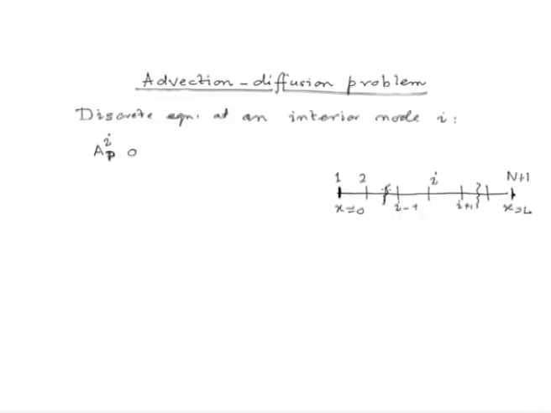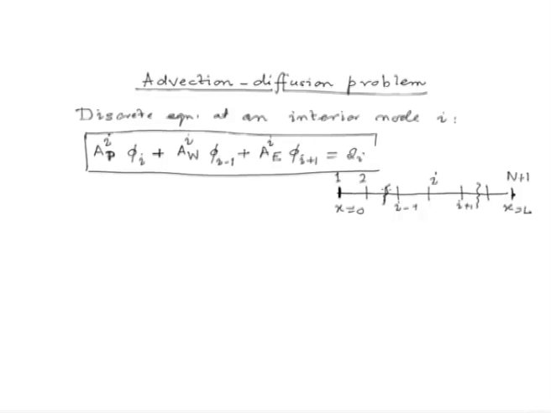So, AP I phi I plus AW I, W stands for the I minus 1th grid, plus AE I phi of I plus 1 is equal to Q I, and we said any of these A's consist of two parts, one which is contributed by the diffusive term and another which is contributed by the finite difference discretization of the convective term.